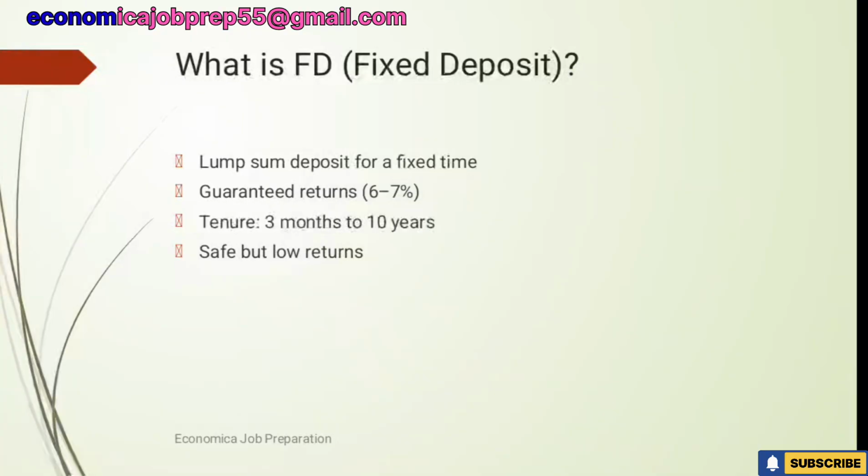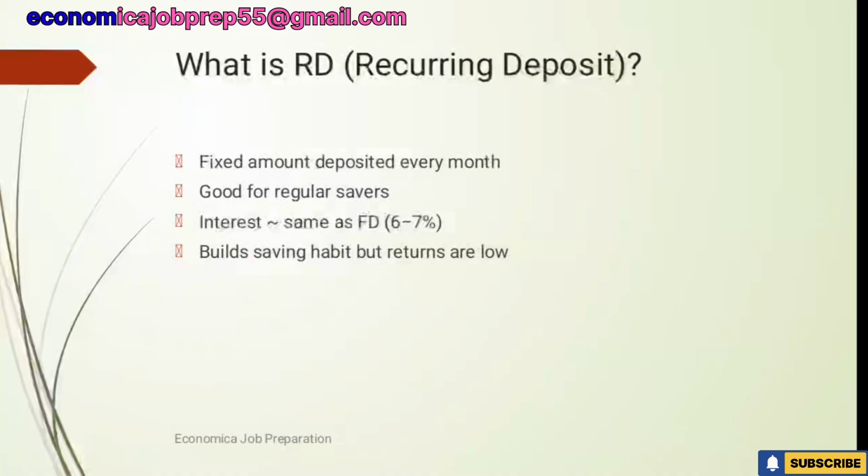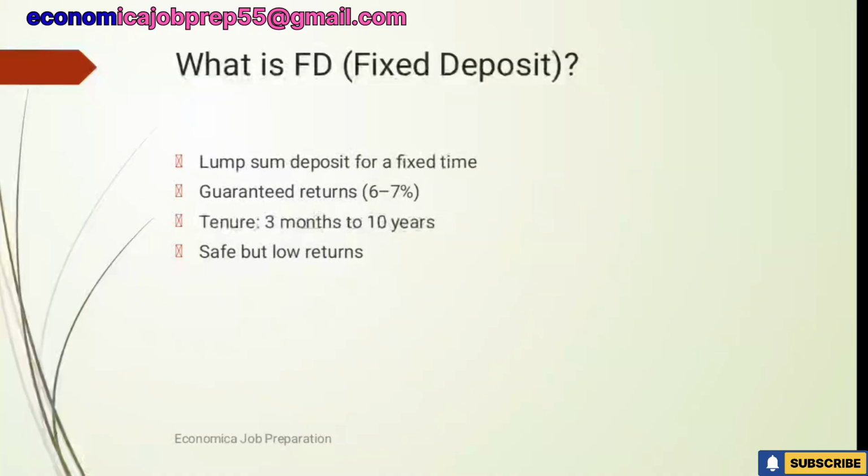The advantages of fixed deposit are safe and secure, fixed and predictable returns, good for short-term goals. And the disadvantages are low return, may not beat inflation, money locked, penalty if you break early. For example, if you invest 1 lakh in FD at a 6.5% interest rate for 5 years, maturity approximately gives you 1.37 lakh.